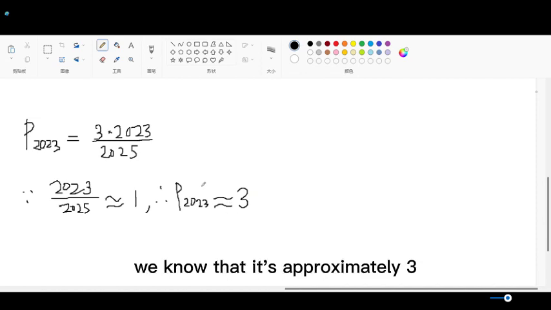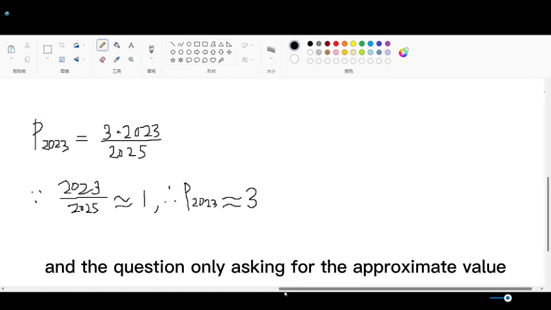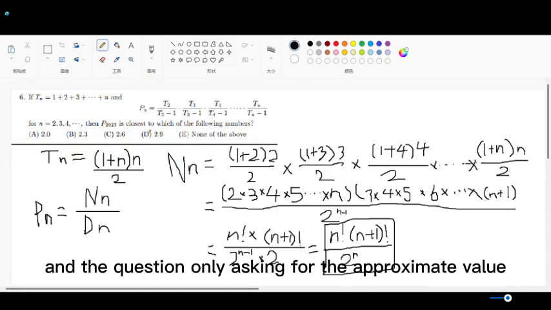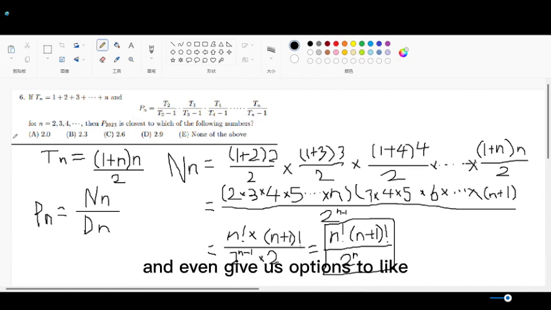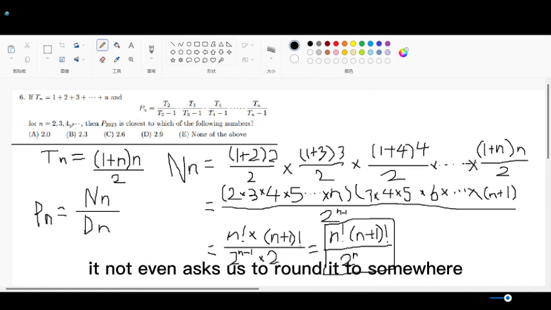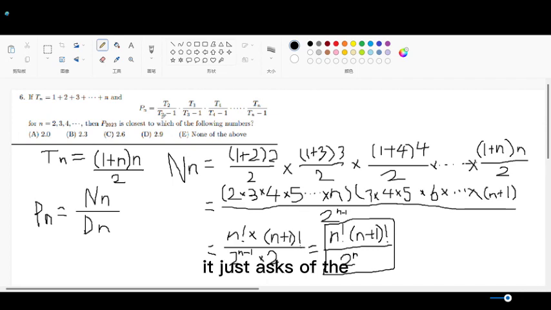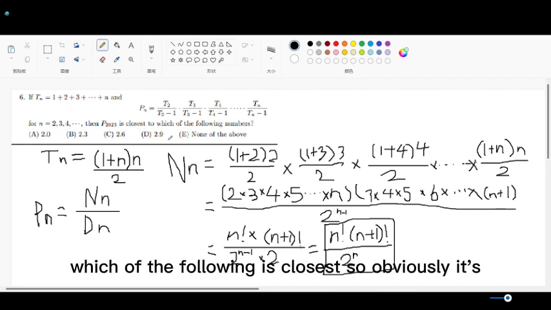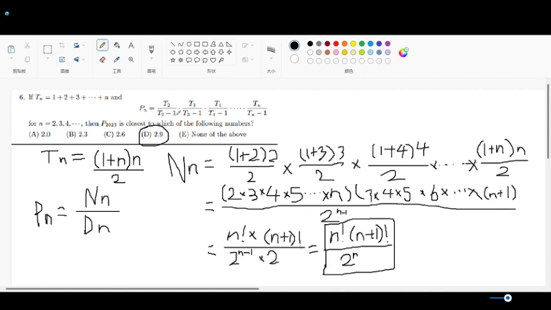So we know that it's approximately 3, and the question is only asking for the approximate value, and it's even given us options. It's not even asked us to round it to somewhere. It just asks which of the following is closest. So obviously it's 2.9, D.